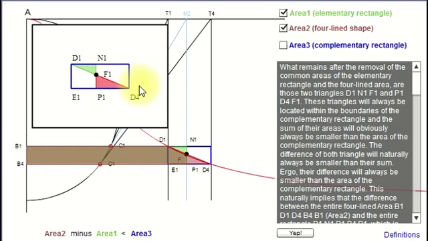And you already see that these two triangles are already smaller than the complementary rectangle itself, and hence it is no problem conceiving that the difference between those two triangles must also be smaller than the area of the complementary rectangle itself.